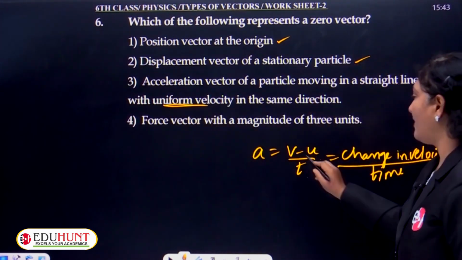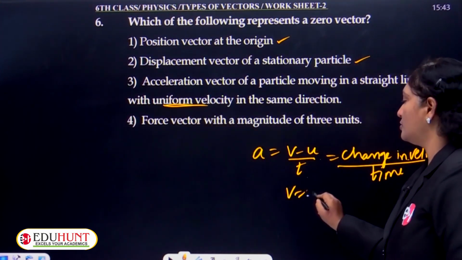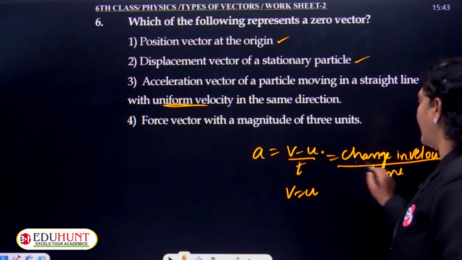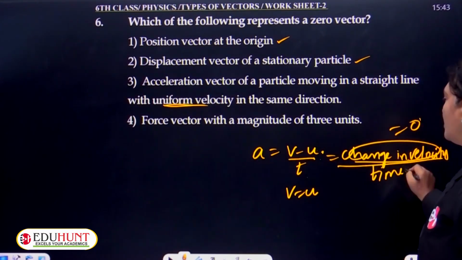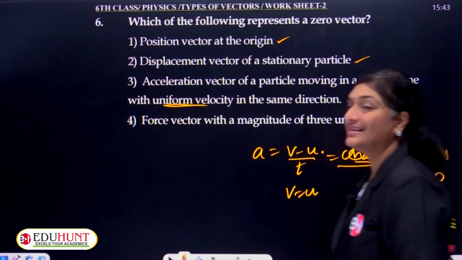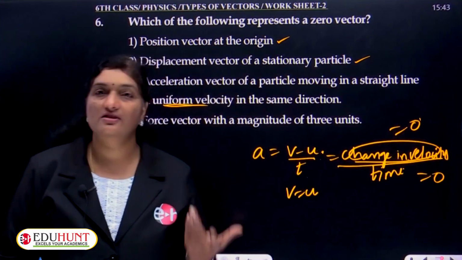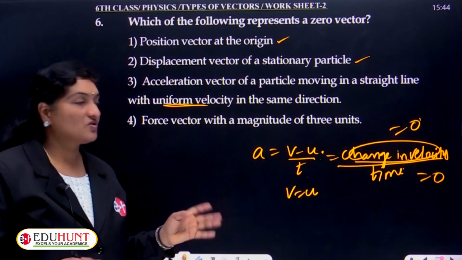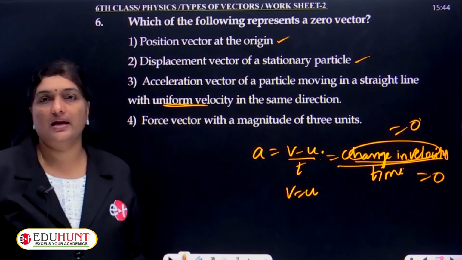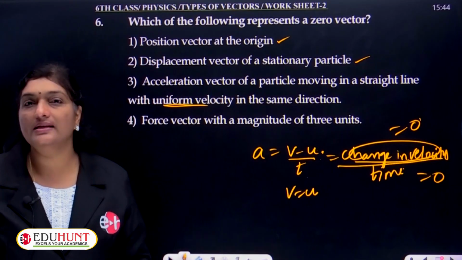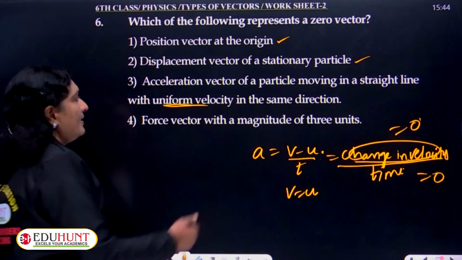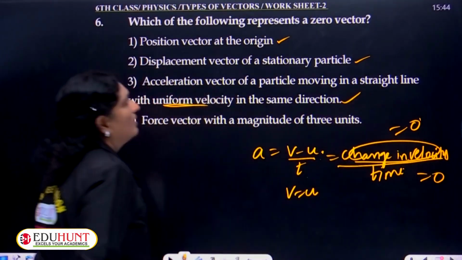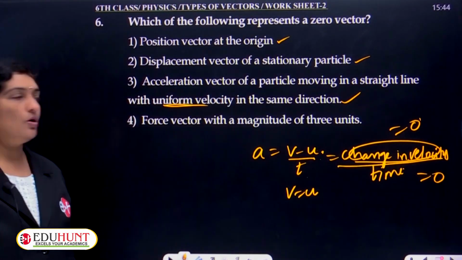What is uniform? The value of v is equal to u. So, there is no change; the change is 0. So, 0 by anything will be 0. This indicates that acceleration is 0. So, the acceleration vector of a particle moving in a straight line with uniform velocity in the same direction has magnitude 0. Hence, this also can be considered a zero vector.